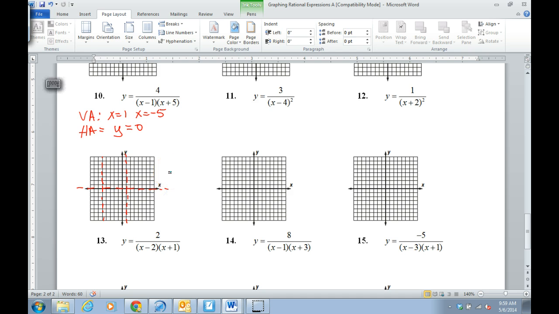All right. So what is my y-intercept here? So I can do 4 over 0 minus 1 and 0 plus 5. Yep, so it'll be 4 over -5.